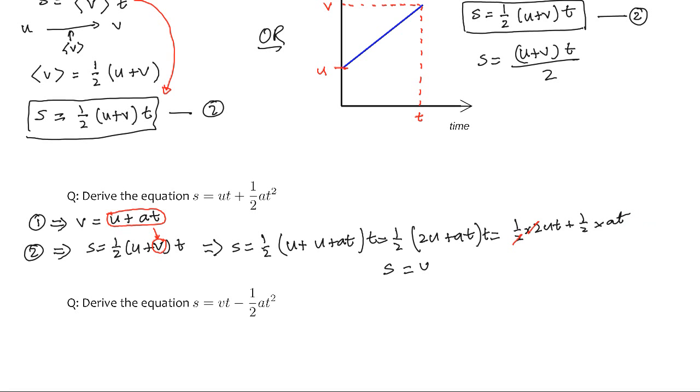So I should have at squared here. Now it makes sense. When I cancel the first part, I get ut, and then plus half at squared, and this is my third equation.